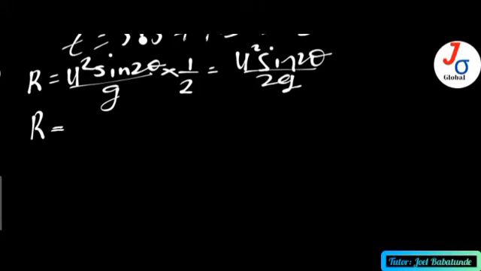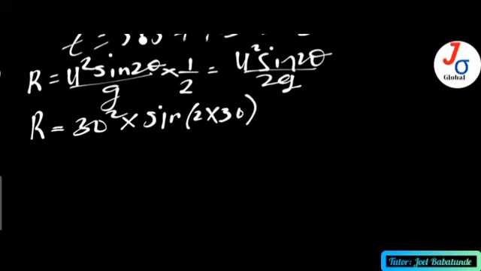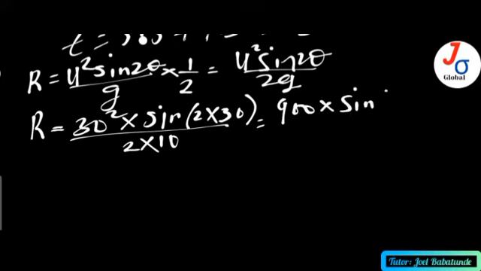So that becomes u squared sine 2 theta over 2g. So my R for the first part is actually 30 squared multiplied by sine 2 times 30, 30 is the theta, divided by 2 times 10, and that gives us 900 multiplied by sine 60 divided by 20.